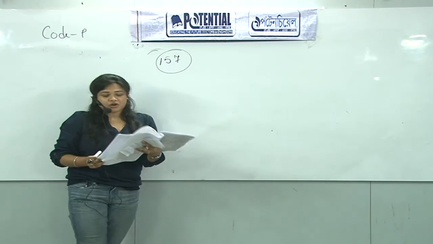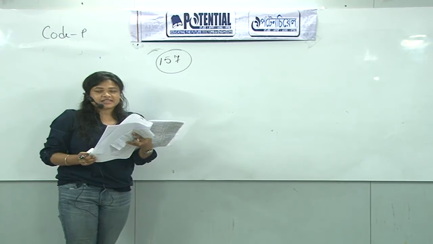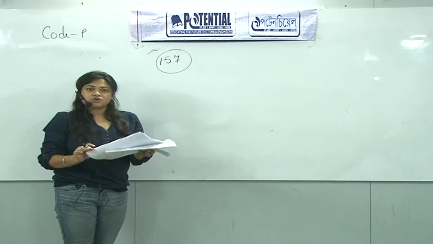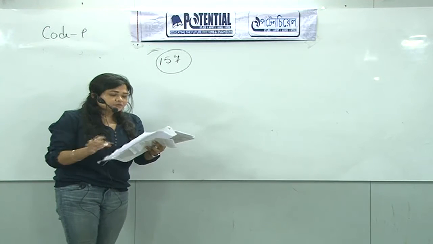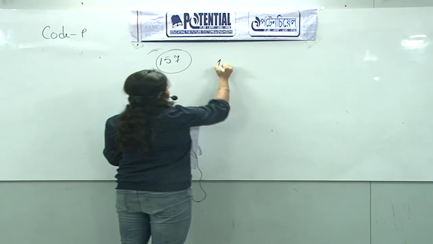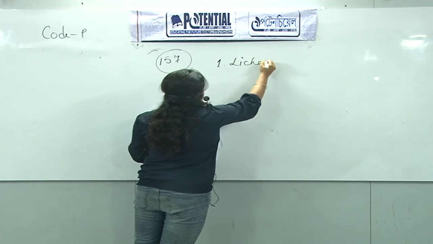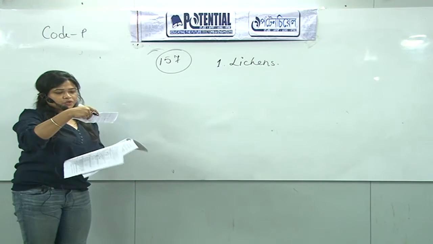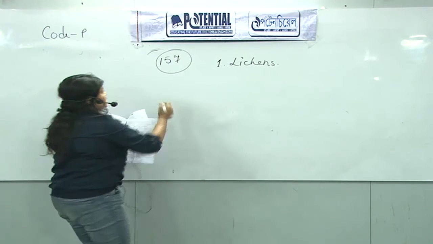On bare rocks, the ecological succession that takes place is primary ecological succession. So the pioneer species on a bare rock will be option number 1, that is lichens.